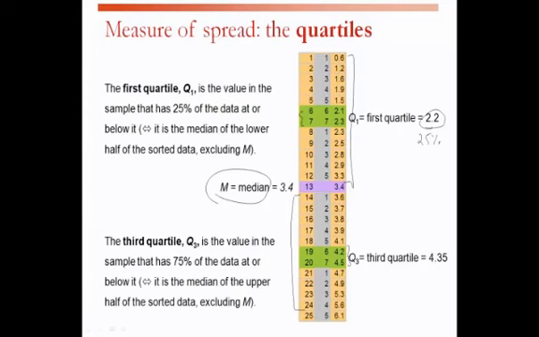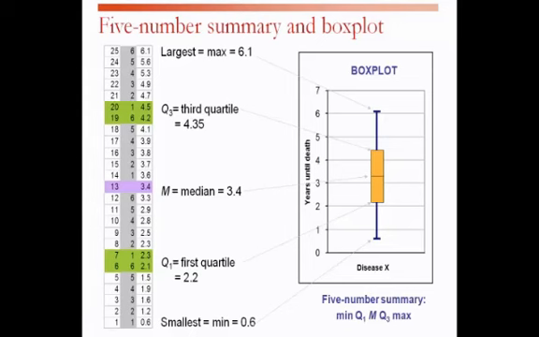Having done this, we can now put a graphical representation for all this. It's called a box and whisker plot. So here is a 5-number summary. Here is the data set on the left-hand side, and here is a box plot. Let's concentrate on the box first.